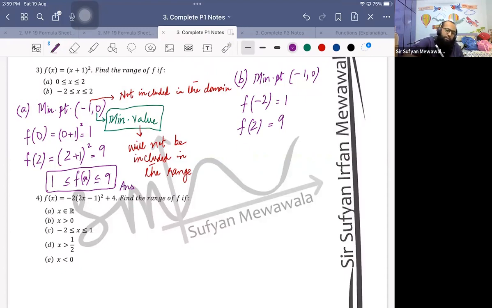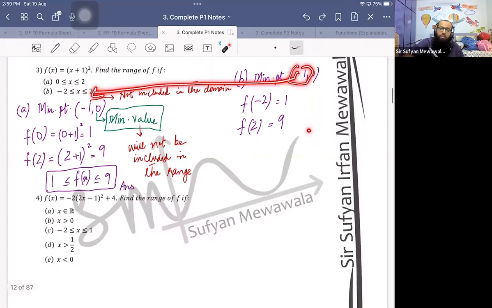Our range will be... now the question: will our range be 1 till 9, or will we have to consider this minimum value? To answer this question, we have to check if this x coordinate is included in the domain or not. Is it included in the domain?